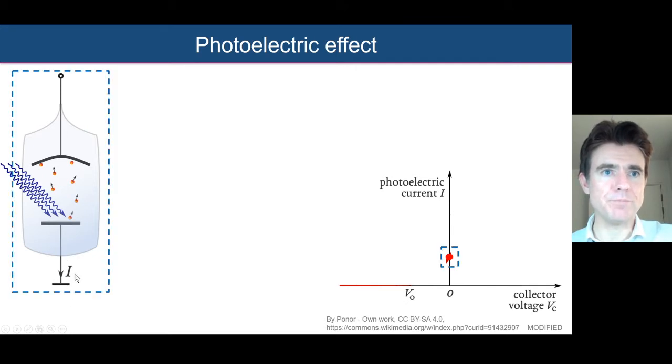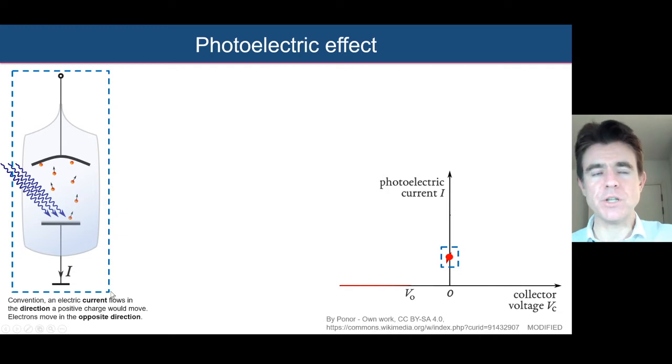We've got the I indicating current, and the arrow is going that way because the electrons are going in the other direction, because the convention again is that current flows in the direction that a positive charge would move, and electrons are negatively charged. But anyway, with no applied potential difference, we actually get a current flow.